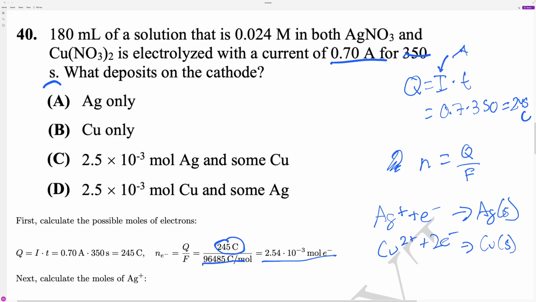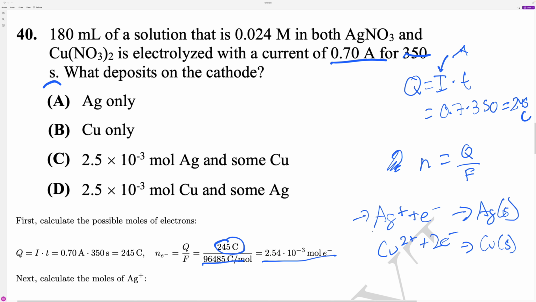And again, there's a couple of ways you can know that. You can either just have the reduction potentials memorized, or you can know that silver is typically unreactive, so it's going to have a greater reduction potential since it's going to want to trend towards solid silver because that's going to be more stable. So since it has a greater reduction potential, it's going to be deposited first.